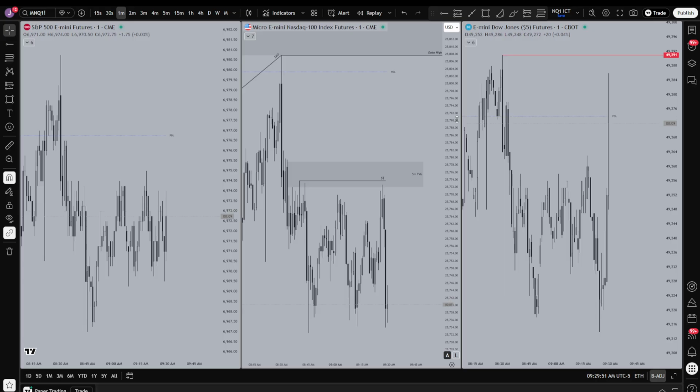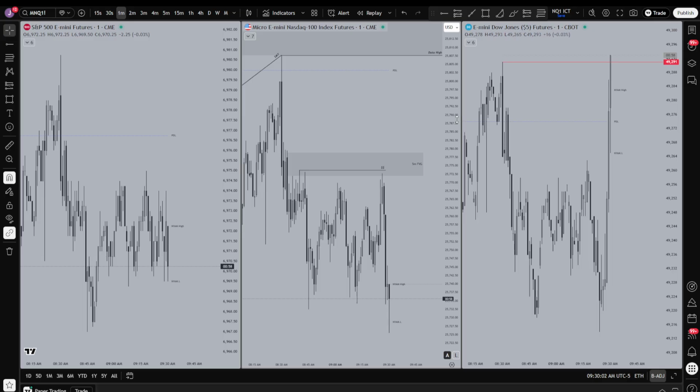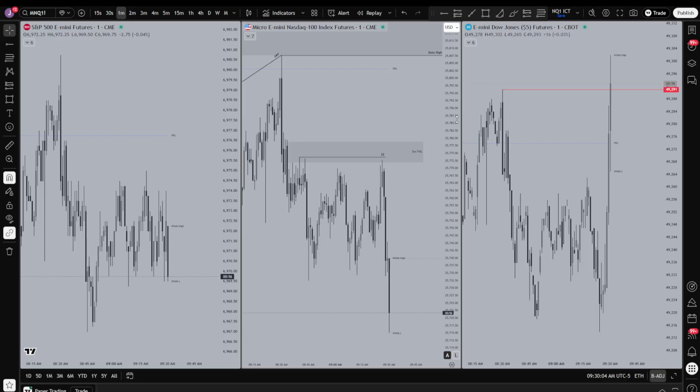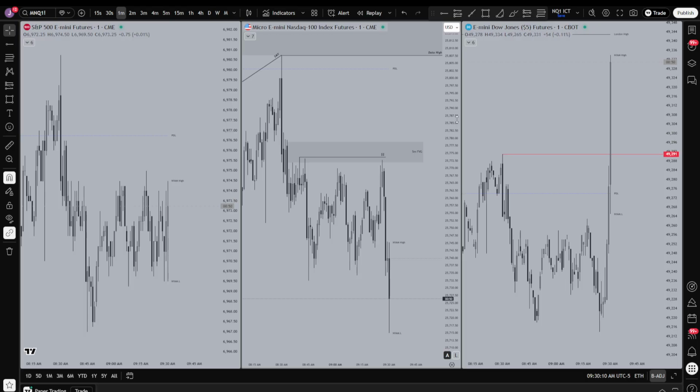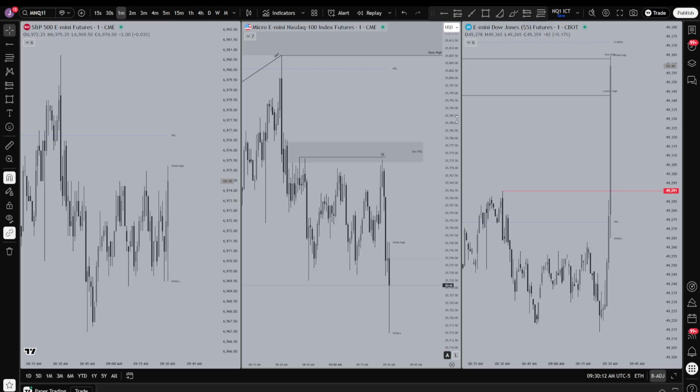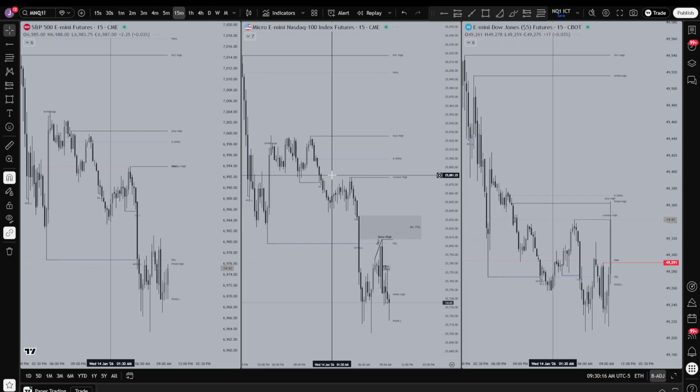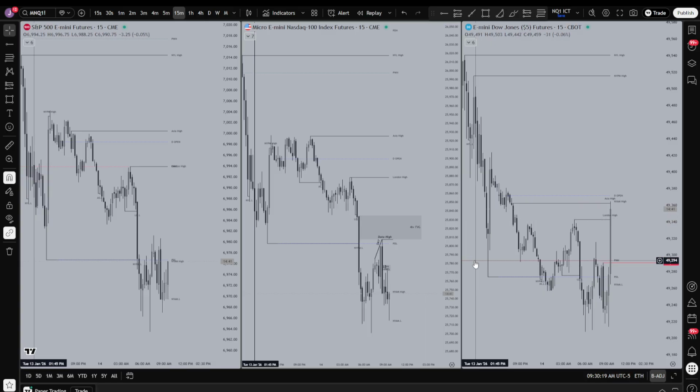Alright, here's market open. Wow. YM, what the, just, holy shit. It took out Asia high. Jesus Christ.